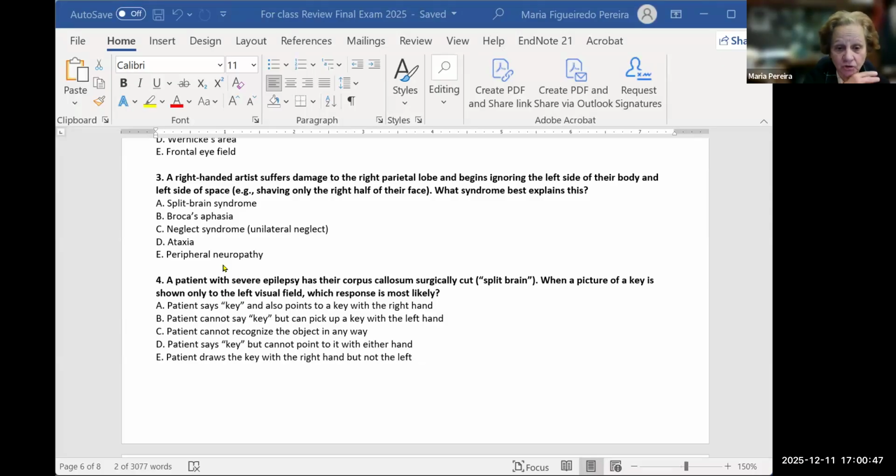So the patient cannot say key, because that impulse does not reach the Broca and Wernicke areas. But it can reach the motor area on the right side, so the patient can pick it up with the left hand.